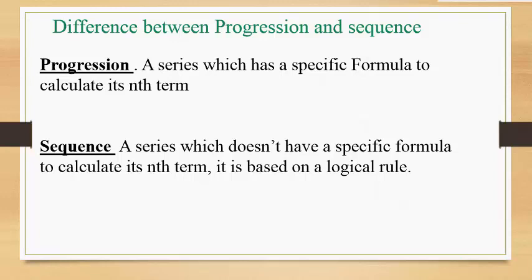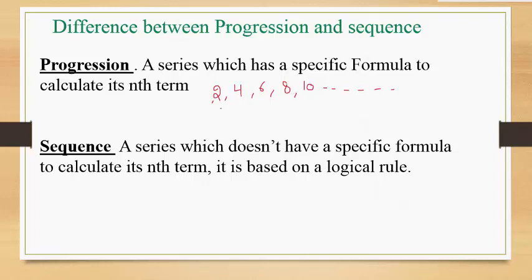So progression means a series which has a specific formula to calculate its nth term. What does it mean? It means if I have a series like 2, 4, 6, 8, 10. This is my infinite series.